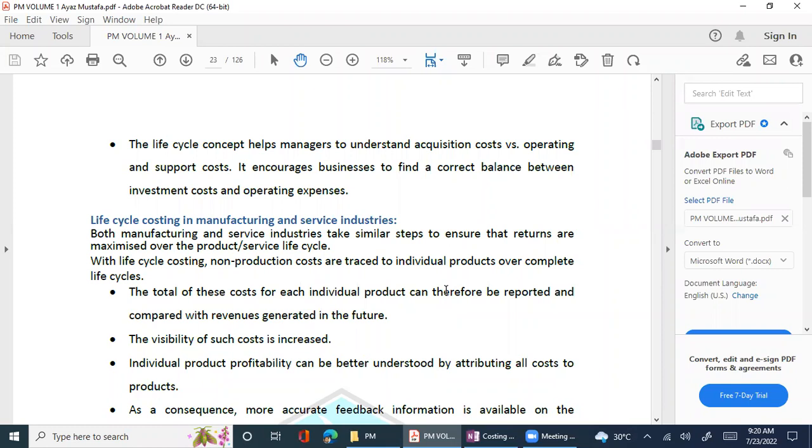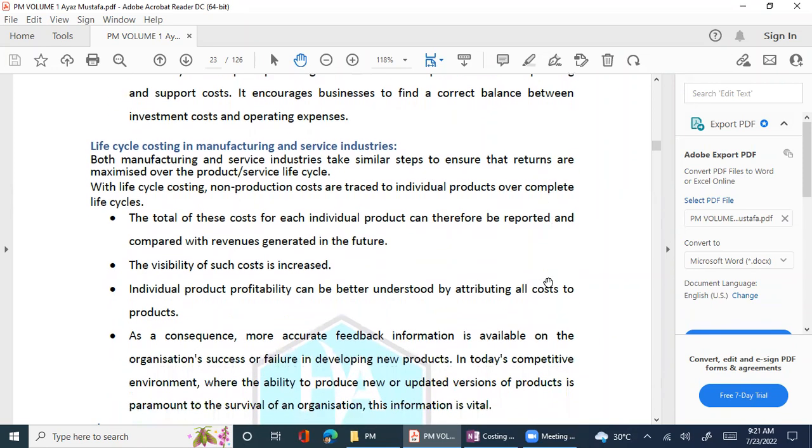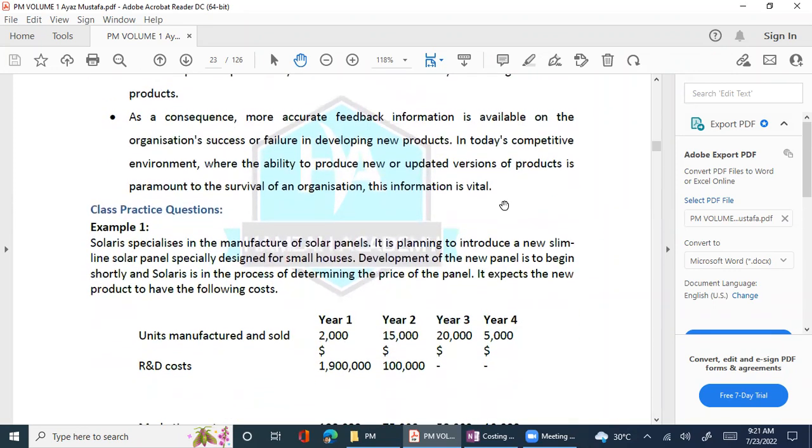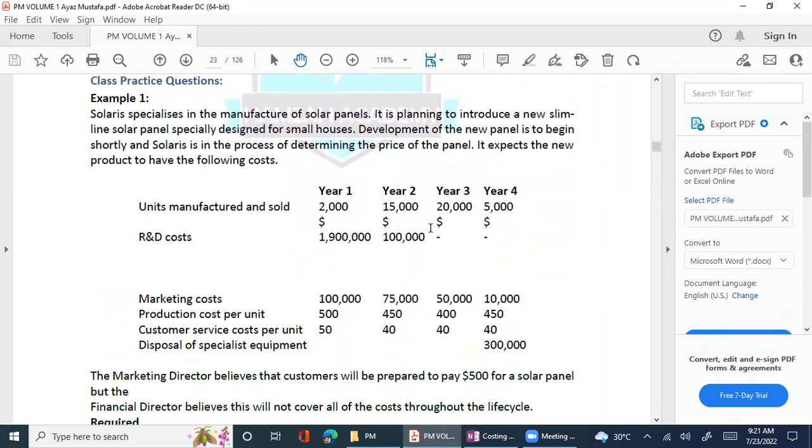Then life cycle costing in a manufacturing and service industries. This is also something to understand, and this is self-explanatory. Let me read the example number 1 for your further clarity.